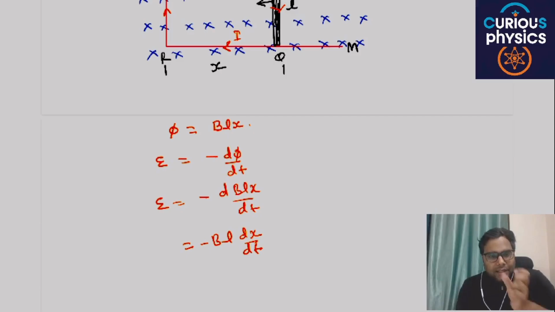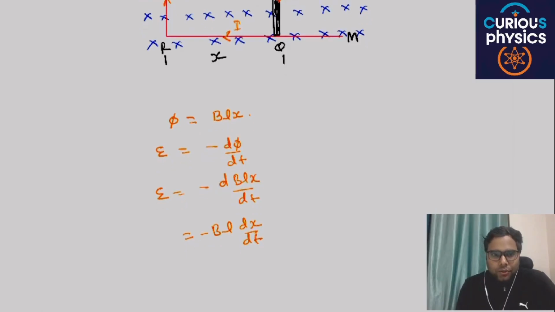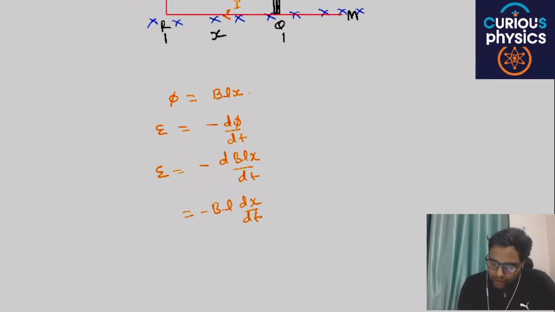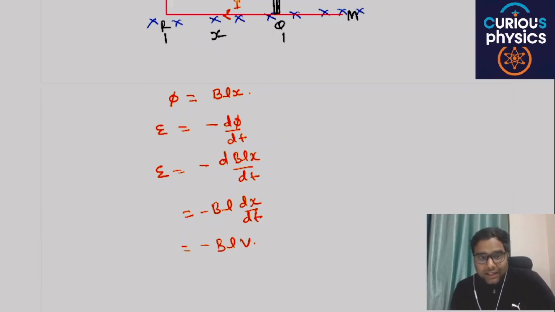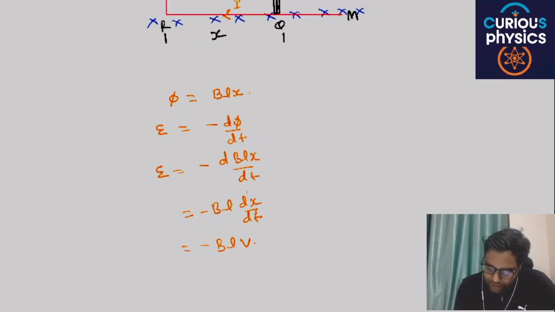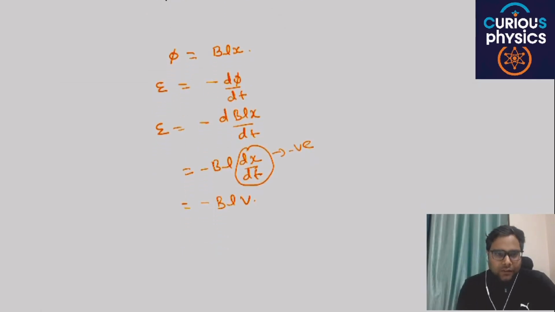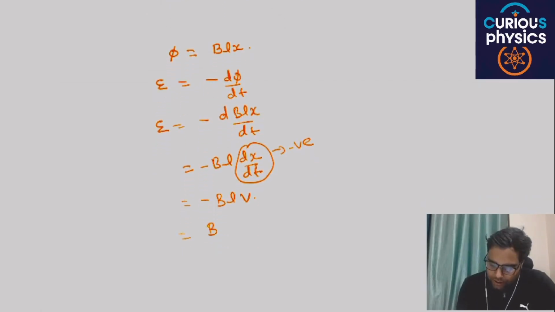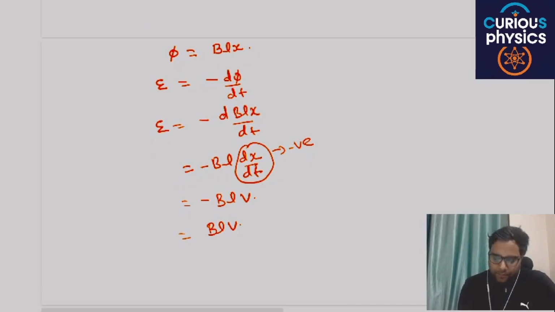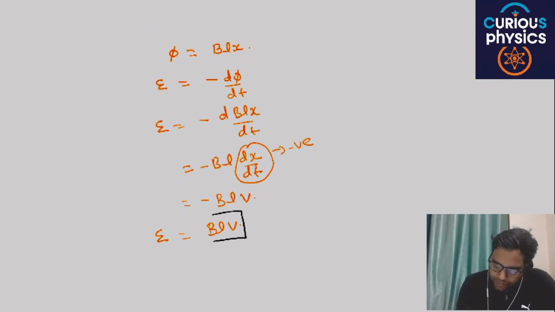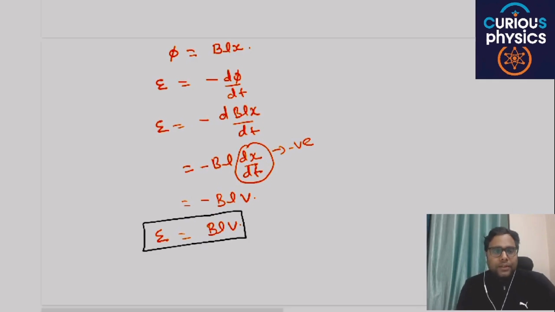Since X is changing with time, dx by dt will be minus V, so the induced EMF is minus BL times minus V. X is decreasing, so dx by dt is negative, and the two negatives give a positive. The induced EMF will be BLV.